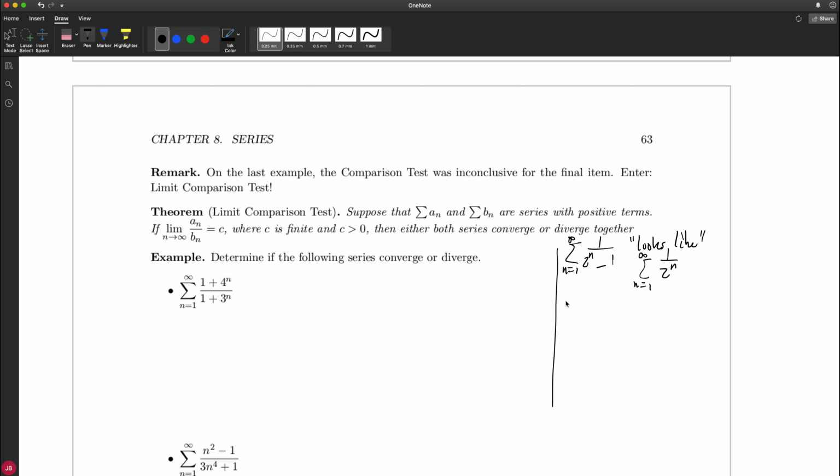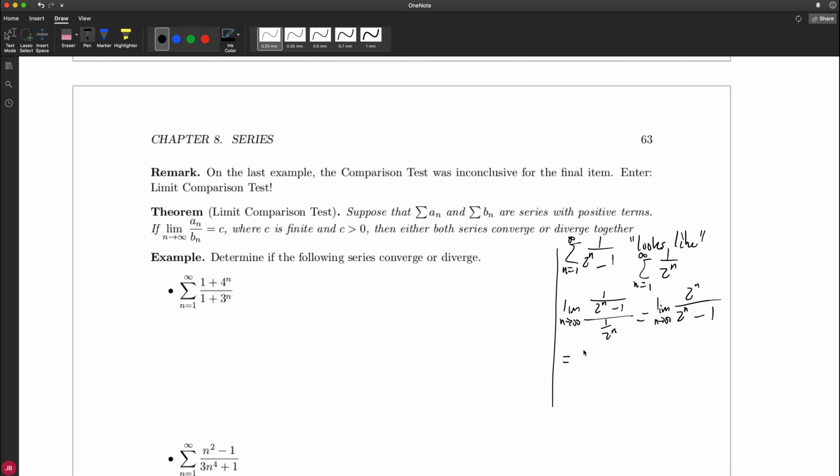And so once I've made my decision as to what it looks like, I take the limit as n goes to infinity of the summands. So 1 over 2 to the n minus 1 over 1 over 2 to the n, which is the limit as n goes to infinity of 2 to the n over 2 to the n minus 1. Right? And we haven't done many like this. You'll notice both the top and bottom go to infinity.